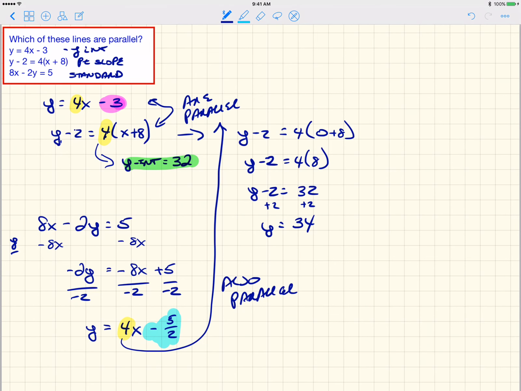And the third line, which started off in standard form, has a y-intercept of -5/2. So we take a look at three parallel lines that cross the y-axis. Each one crosses the y-axis at a different point, but they are parallel. So which of these lines are parallel? They are all parallel. So hopefully that clears up any misunderstandings about lines or equations of lines in different forms.